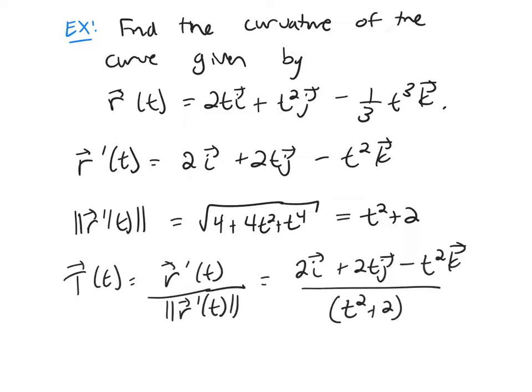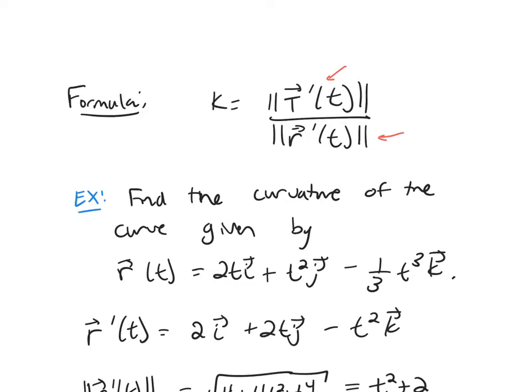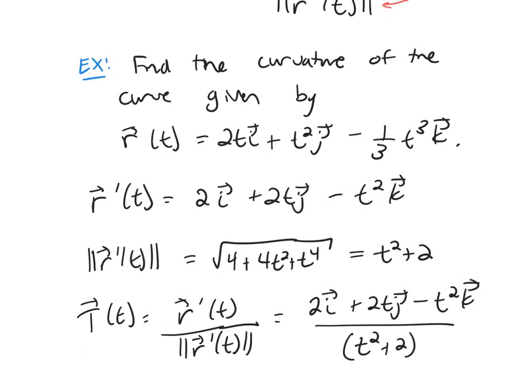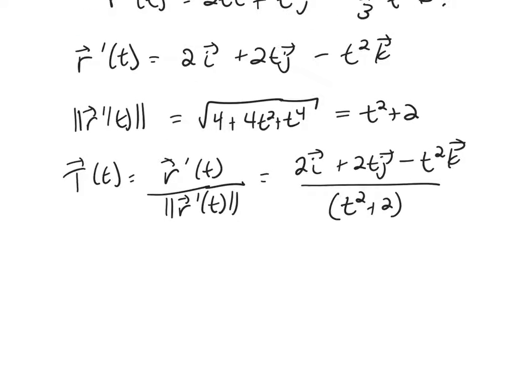And now, again, if I look at my formula, I need T prime. So I need to take the derivative here. And here, because I have t's both in the numerator and denominator, you can get by with doing essentially a quotient rule here. So let's do that.